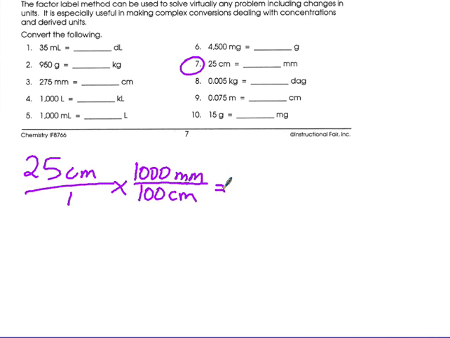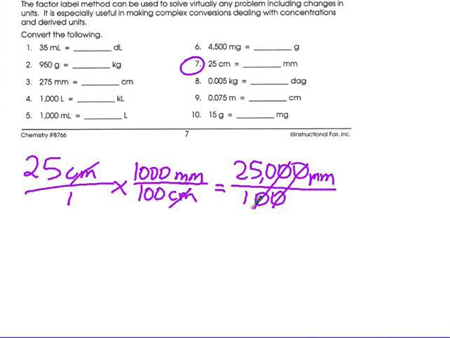You always have to go back to the base unit. You go back to the original unit so that you know how many divisions there are. That way you don't have to memorize how many millimeters would be in a centimeter. We cancel the units that can cancel because centimeters divided by centimeters is 1. So 25,000 millimeters over 100.